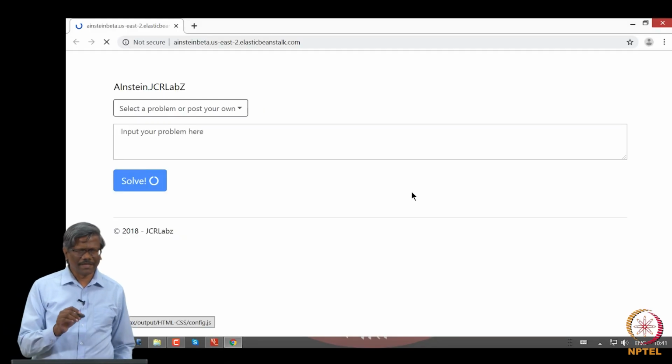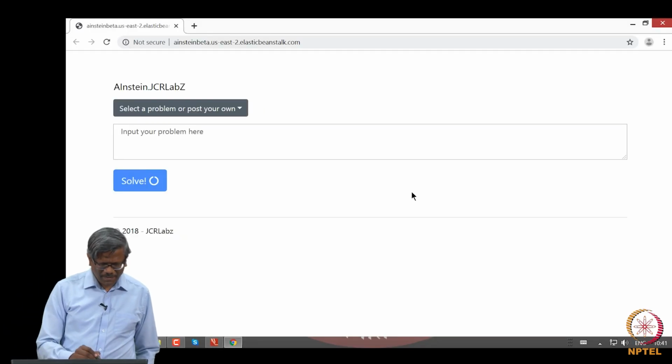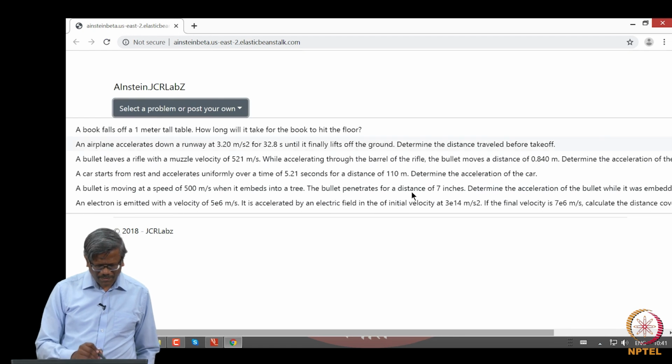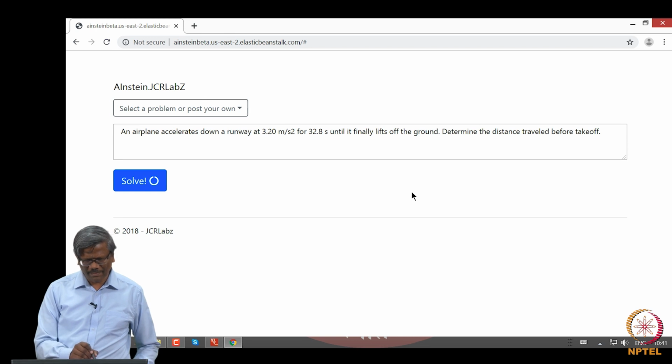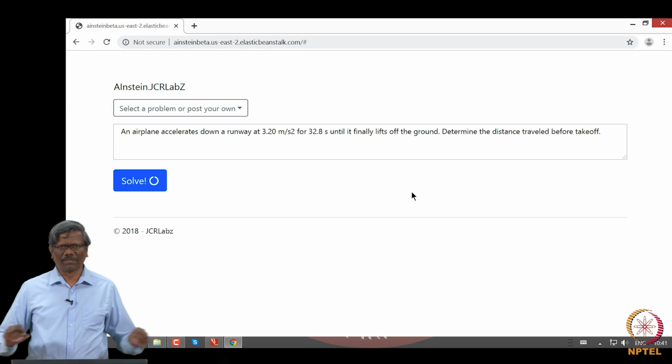So, this is one application that reads, let us say, a problem of this type. An airplane accelerates down a runway at 3.2 meters per second squared and so on, right. So, this is a problem.